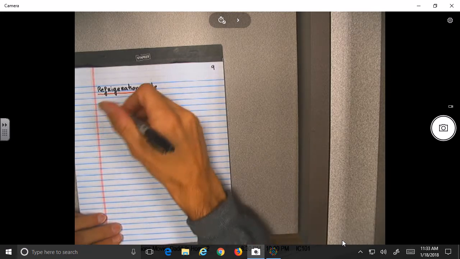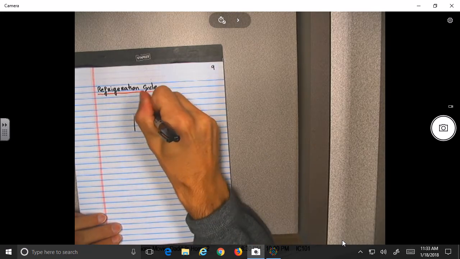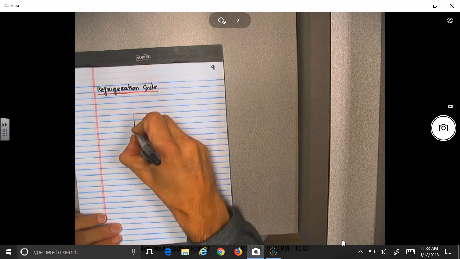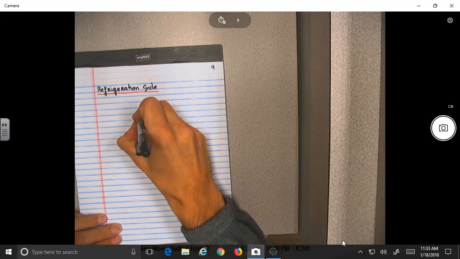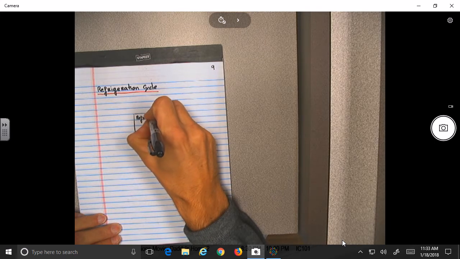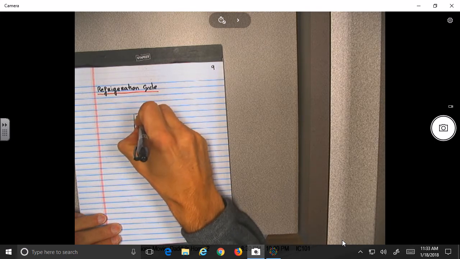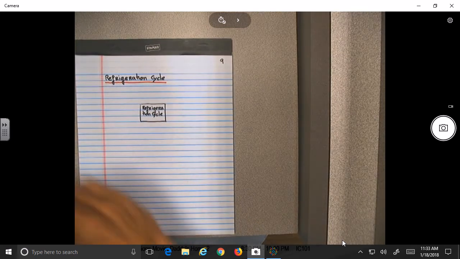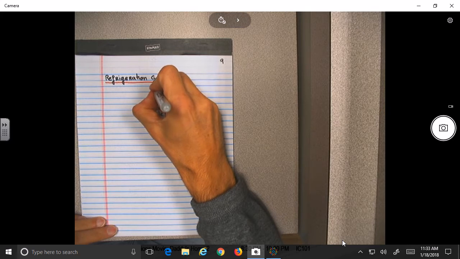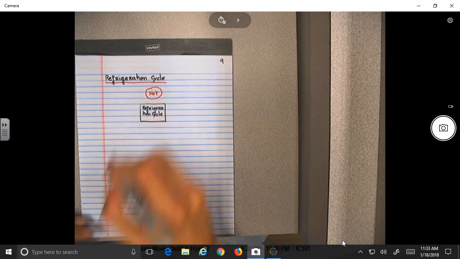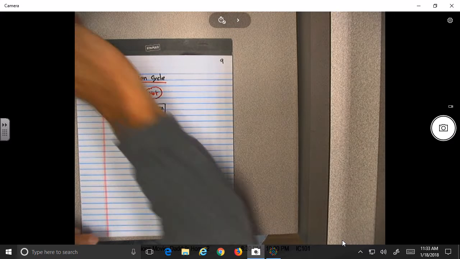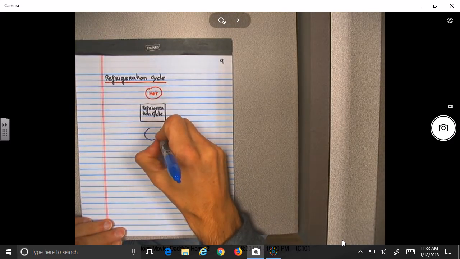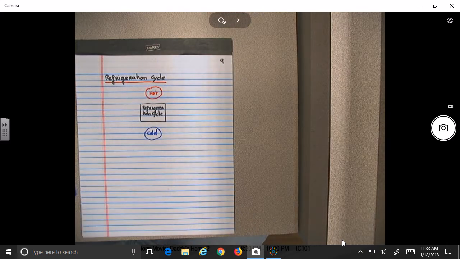So this time let's say this is your refrigeration cycle. So again, I'm just going to put a hot reservoir, and we're going to have a cold reservoir.